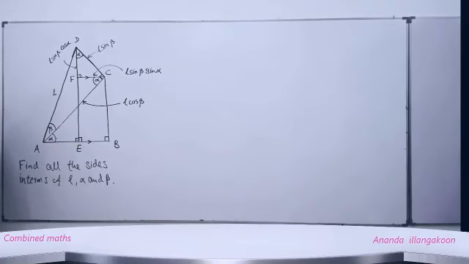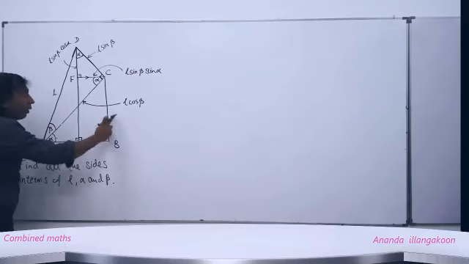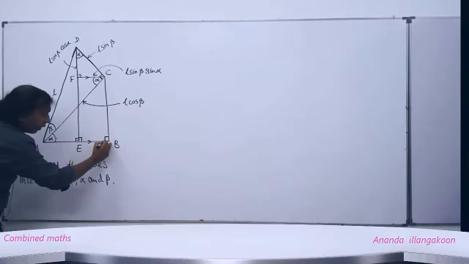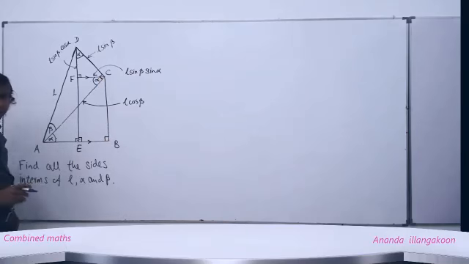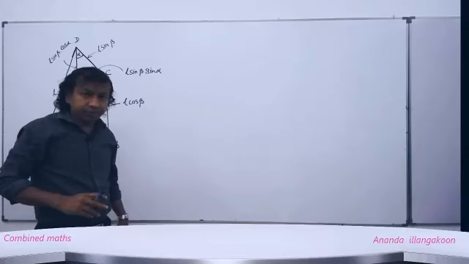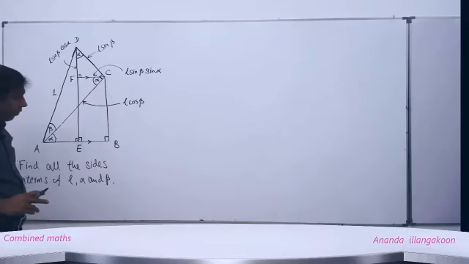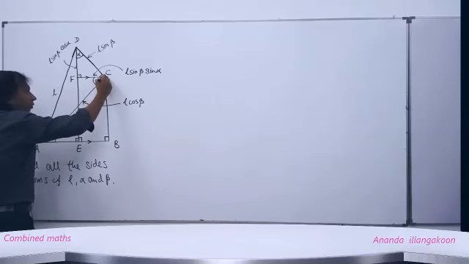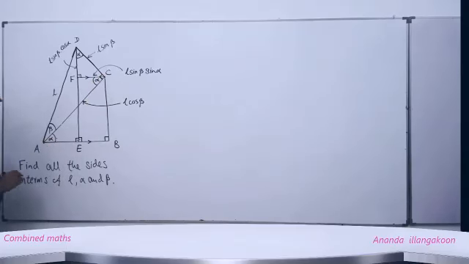Understood? Right. Now we will pay attention to this triangle ABC. That's also a right angle triangle. Its hypotenuse is L cos beta.